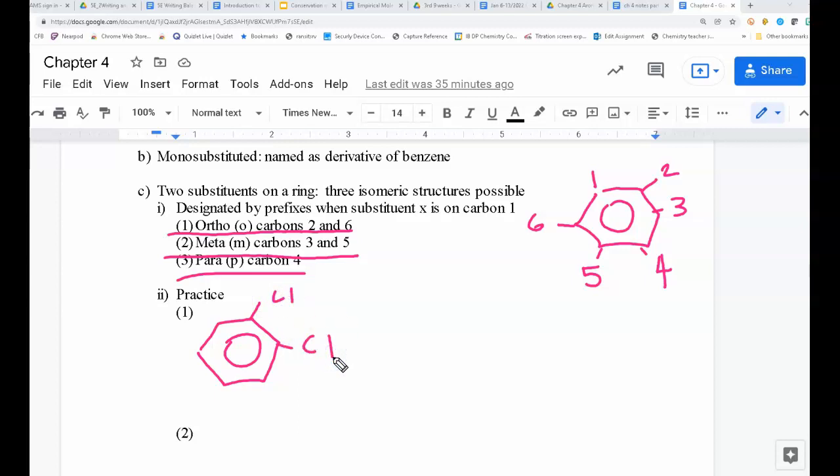The first chlorine is going to be chlorine number 1, and this is chlorine number 2. So this is in the format of ortho, meaning it's 1 to 2 or 1 to 6. And so we would call this ortho-dichlorobenzene.